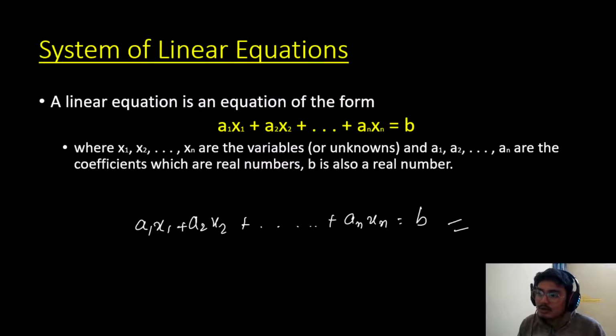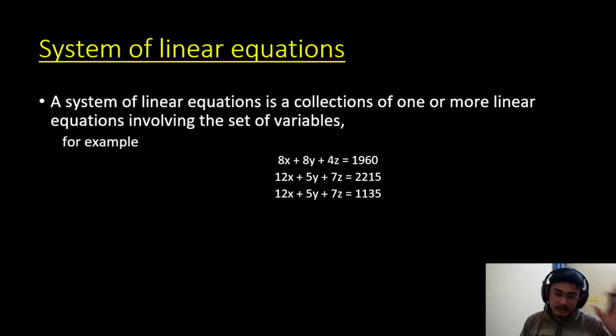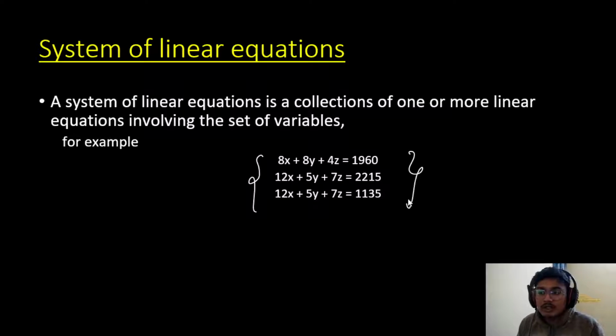Now when we talk about a system of linear equations, a system of linear equations is a collection of one or more equations involving the set of variables. Here you can see this is what a collection is. A collection of one or more linear equations is known as a system of linear equations.